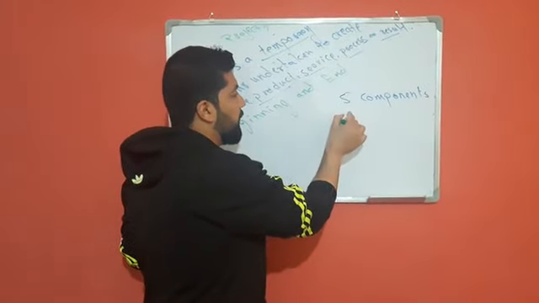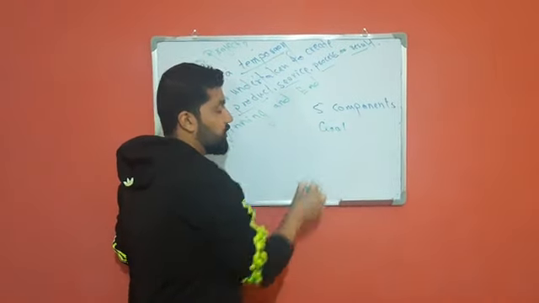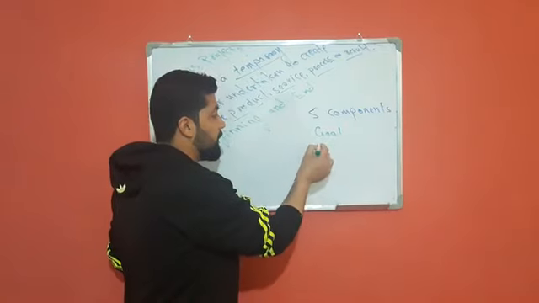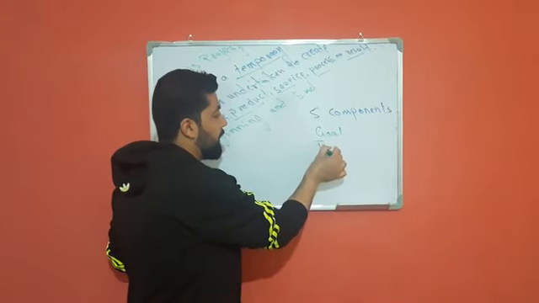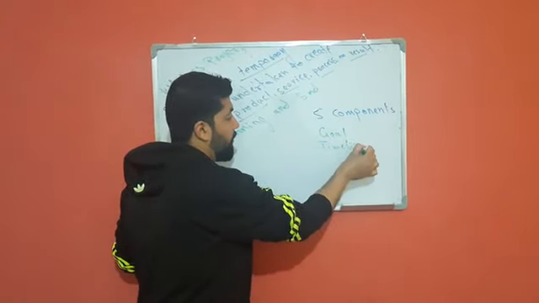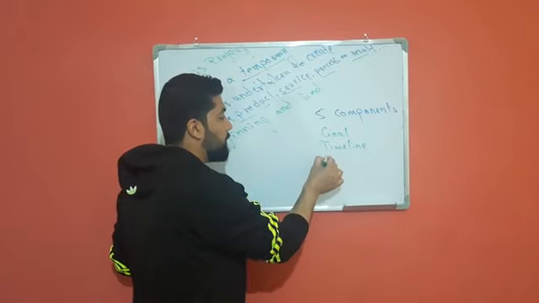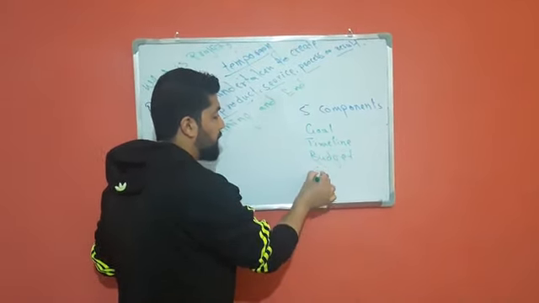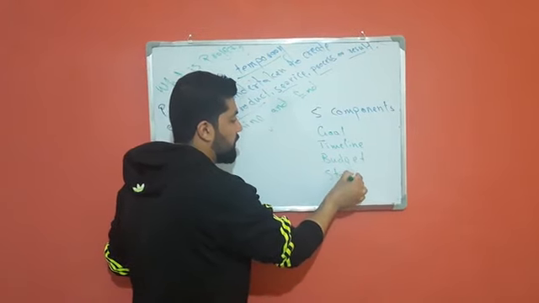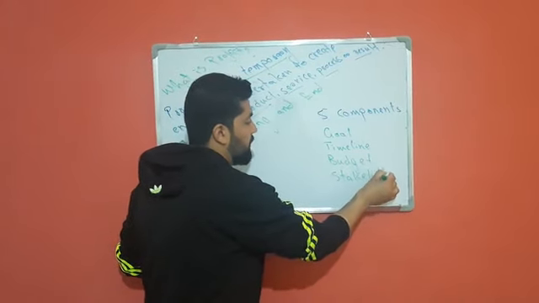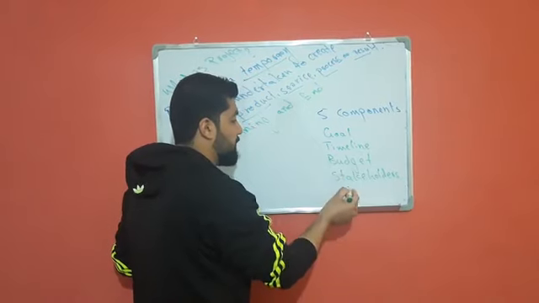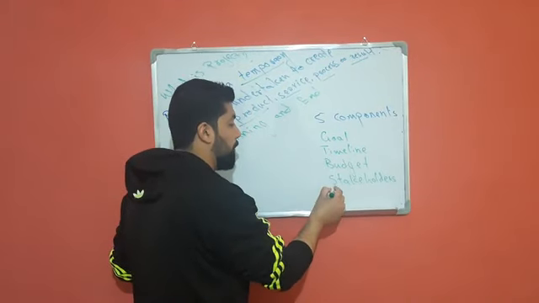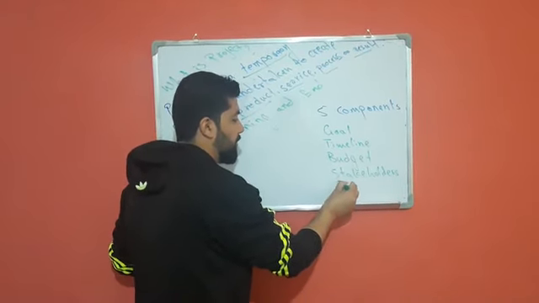The first component of the project is the project goal. And what is the second component? That is the timeline. The third component is the project budget. The fourth one is the project stakeholders. And the fifth project component is the project manager.